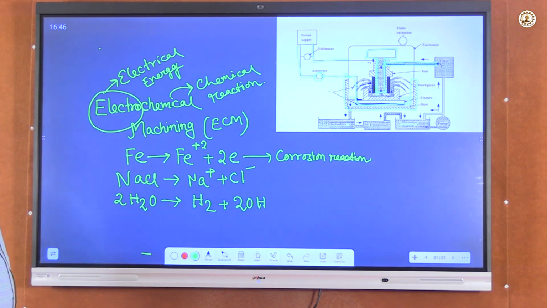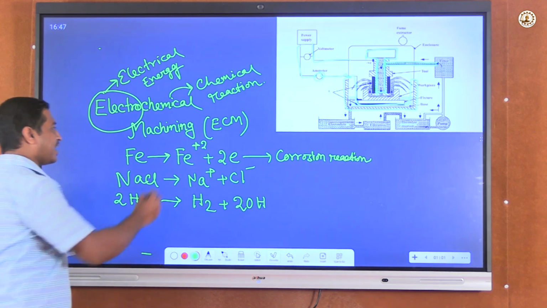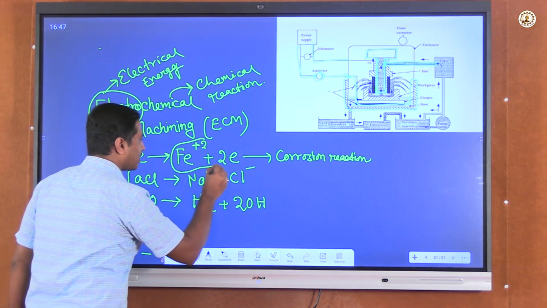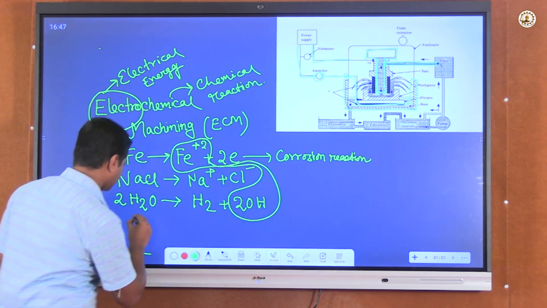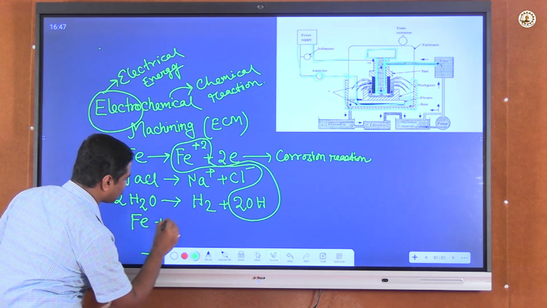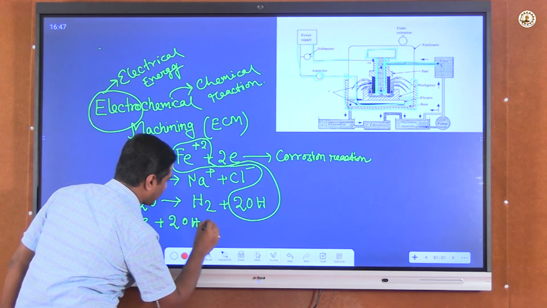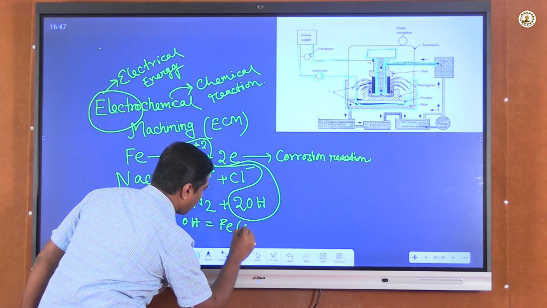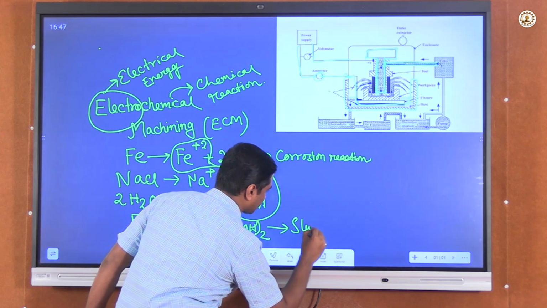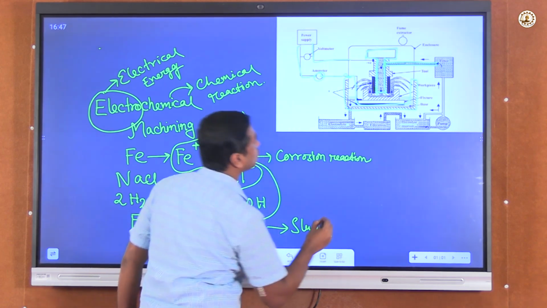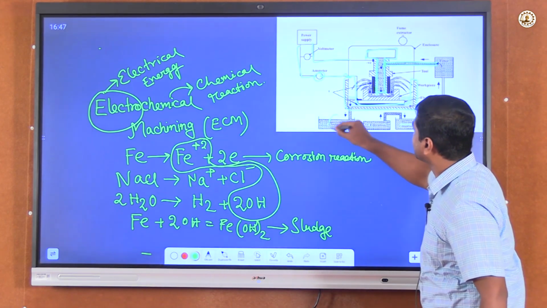The reaction is with NaCl, that is sodium chloride, Na+ and Cl-, and with the addition of water, that is H2 plus 2OH. Now Fe added with the 2OH combines to form Fe(OH)2, that is your sludge, which is stored in this electrolyte solution.